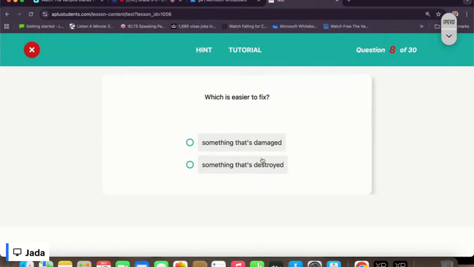Which of them? So something that is damaged.